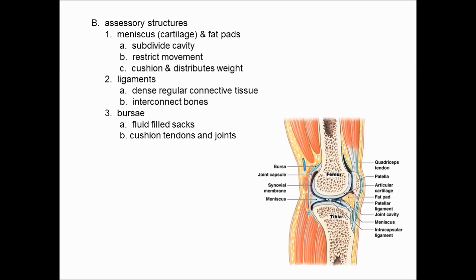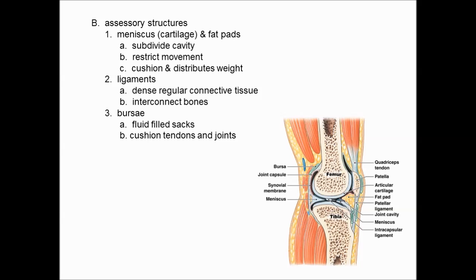A third structure is bursae, and there are a couple of bursae indicated here. There's one on top of the patella right here. Often bursae are between bones and ligaments, so the patellar ligament has a bursa both on top of it and underneath it. These are fluid-filled bags that help cushion or reduce the friction between two structures.